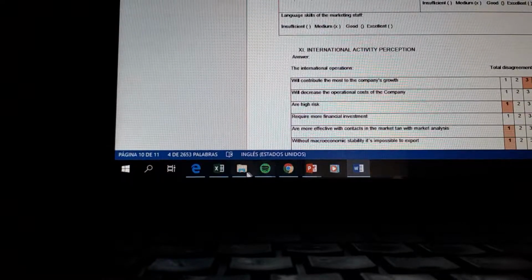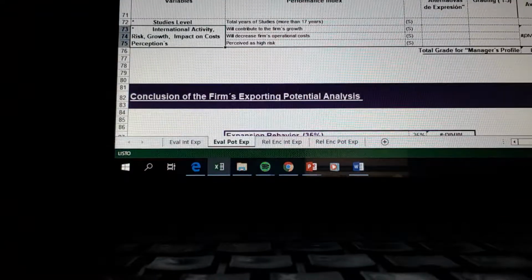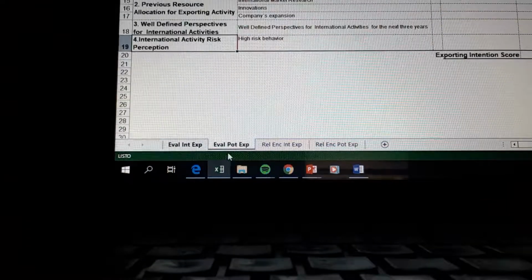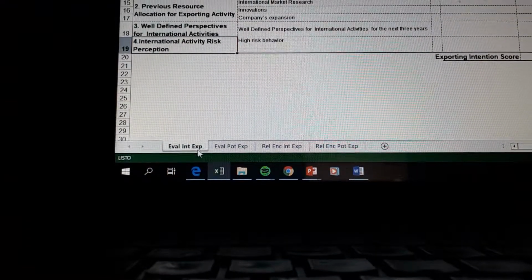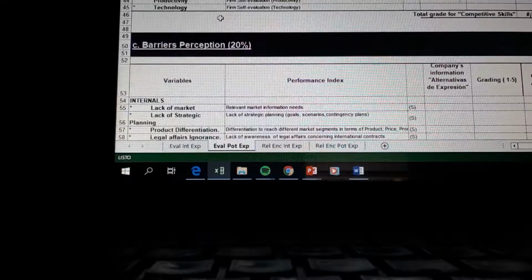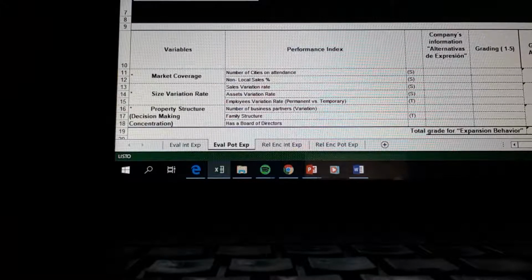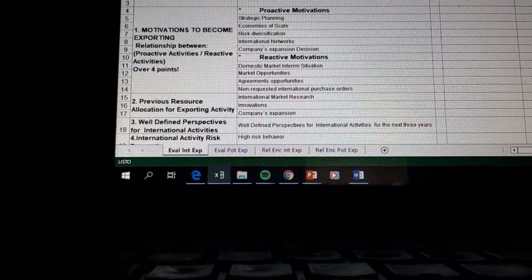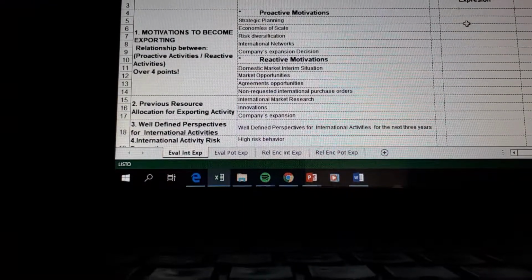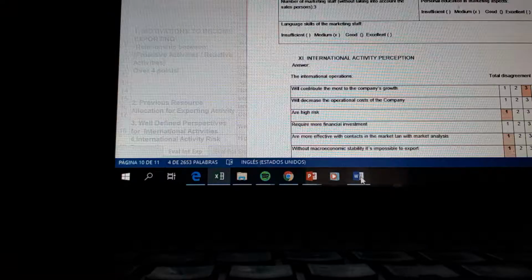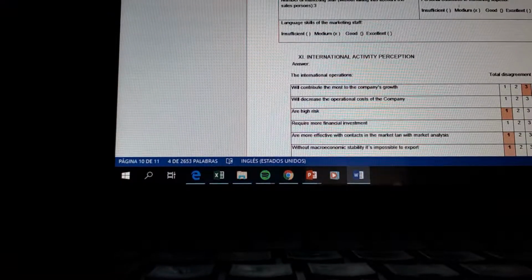So here in the Excel file, as I told you, we were evaluating exporting intention and exporting potential. No? And I will ask you to grade the company based on the information that is collected in this exporting potential survey.